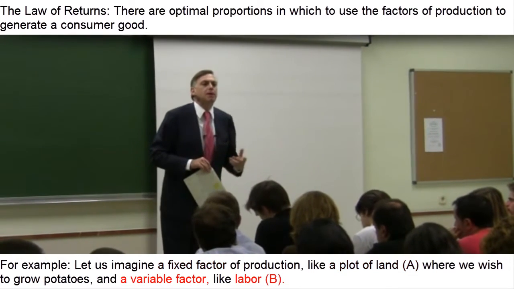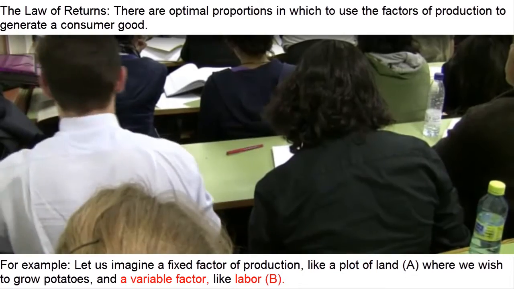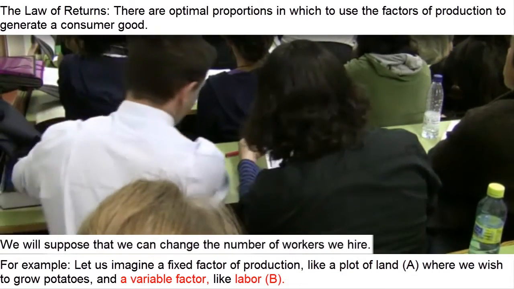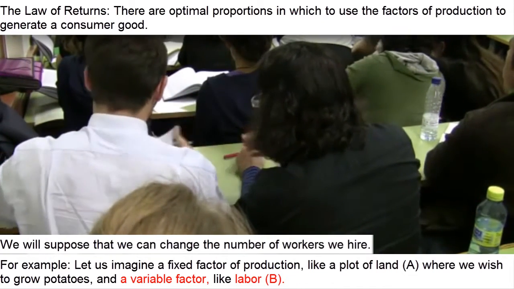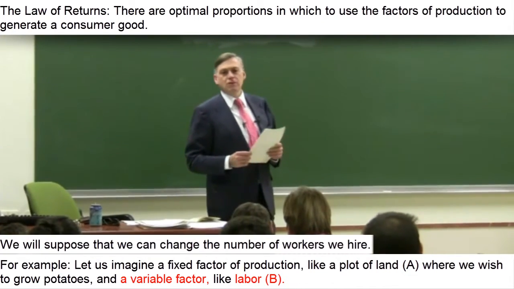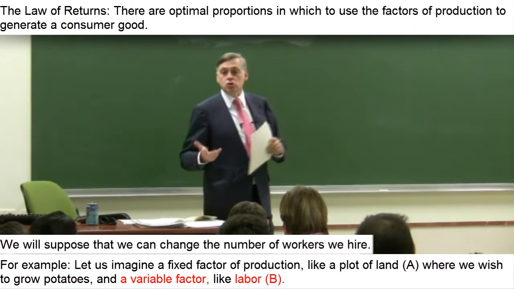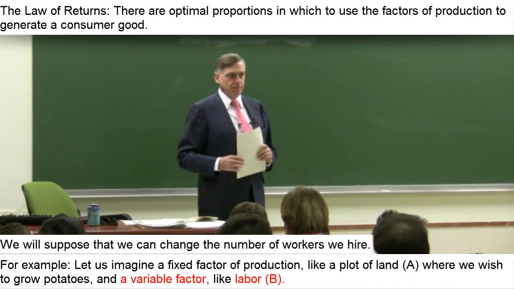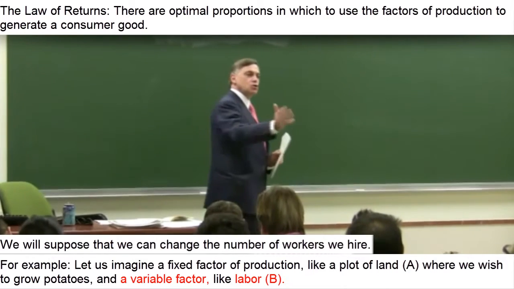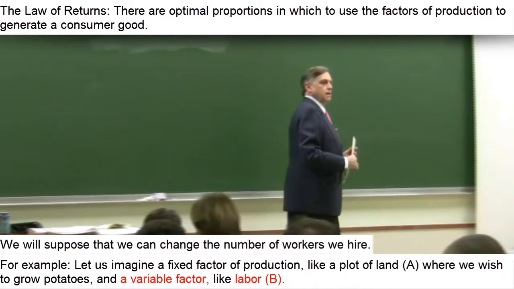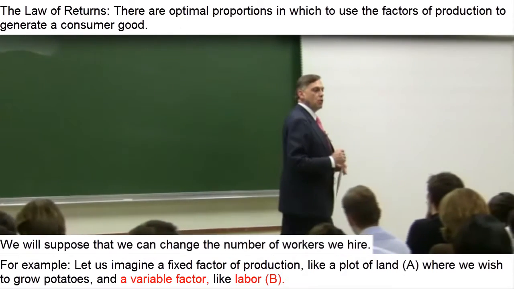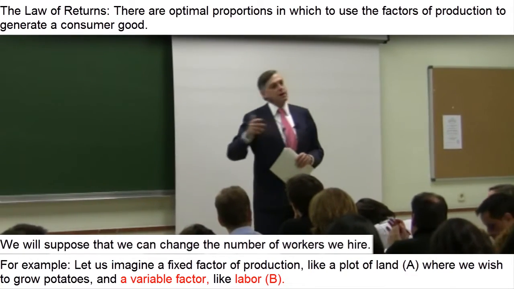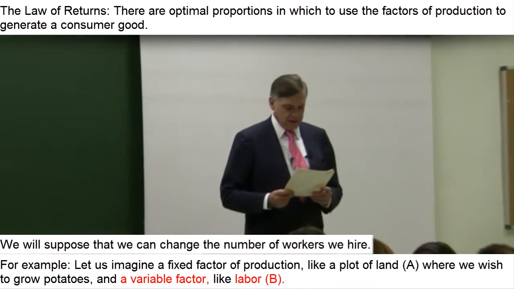And let's imagine factor B is the variable factor, in the sense that there are a variable number of units available to the actor, the entrepreneur. To put it another way, he or she can employ more or fewer units of that labor factor. A law firm can hire more or fewer lawyers. If I have a car factory, I can hire more or less labor to work on the assembly line.